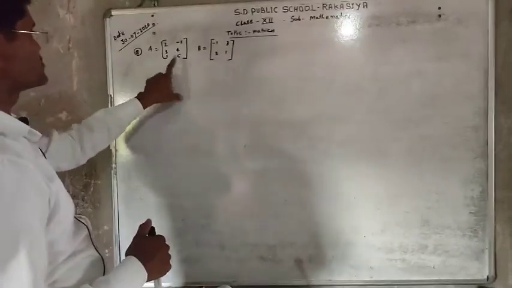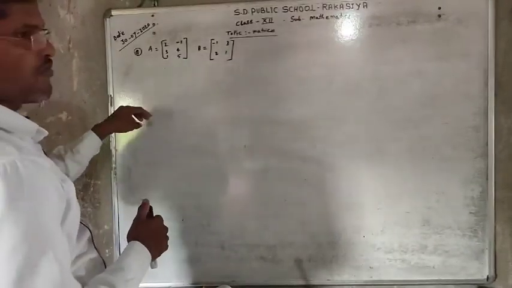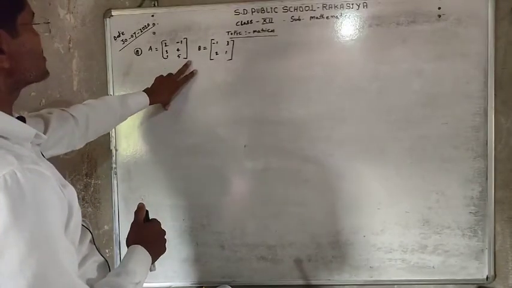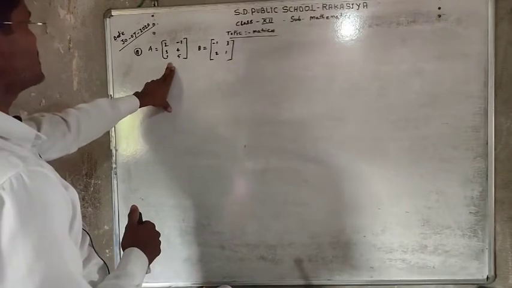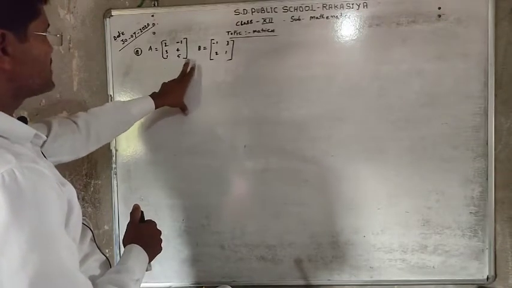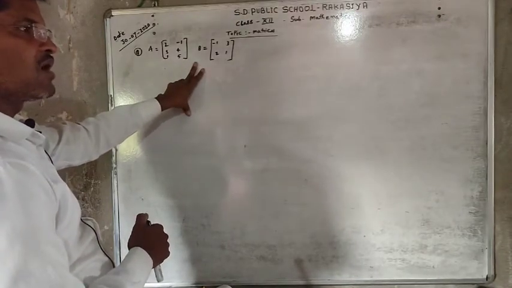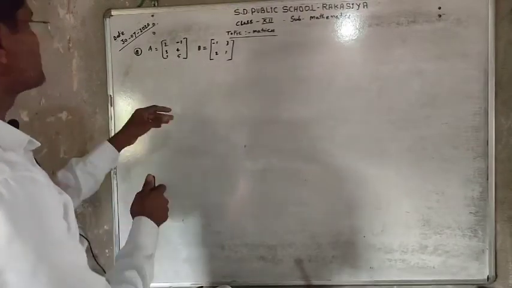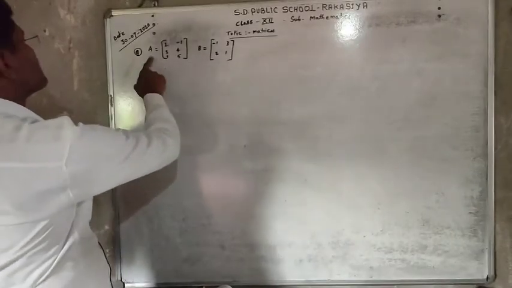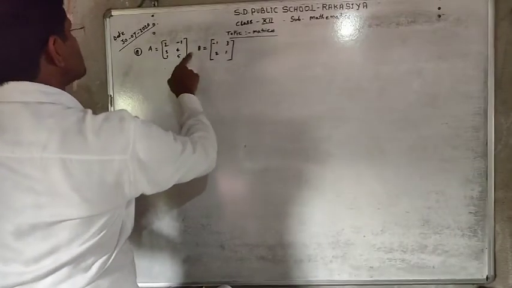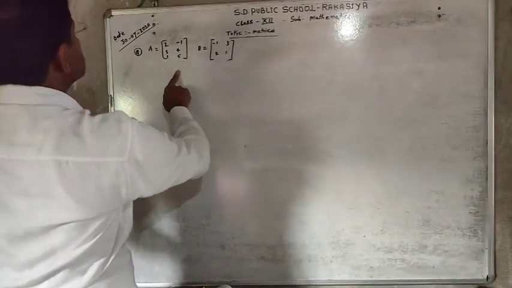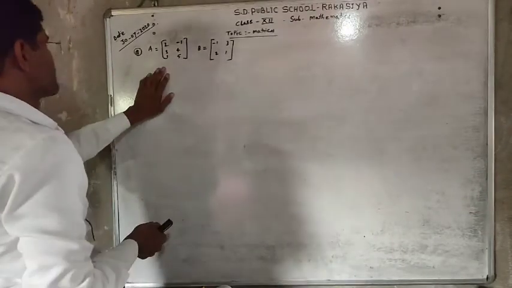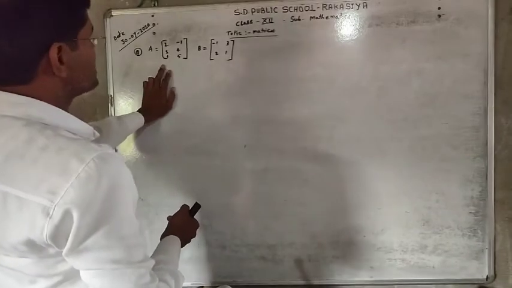We have to find the product AB. Before finding the product AB, we have to check whether A and B are conformal for multiplication or not. A and B are conformal for multiplication.